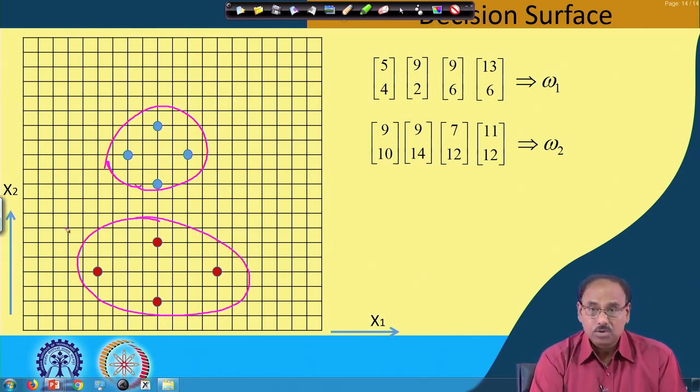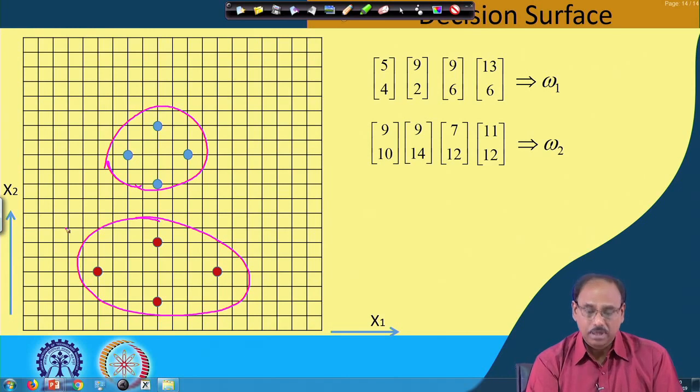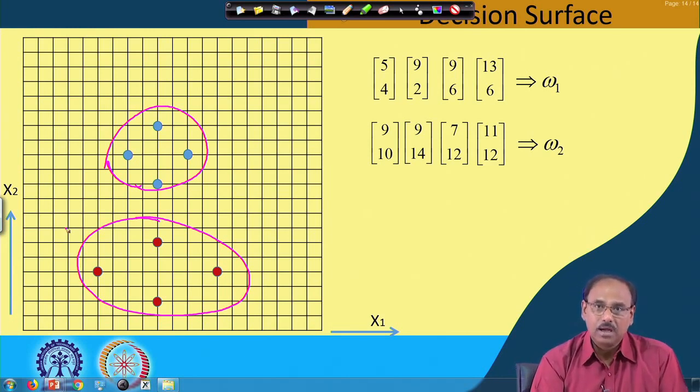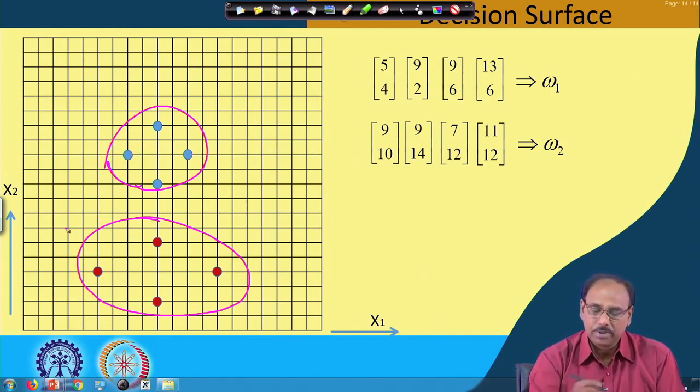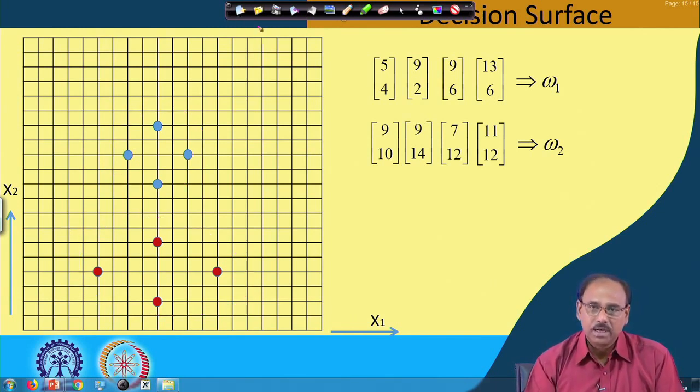Right. So, as we have done before, given these feature vectors, I can compute mu_1 and mu_2, that is the mean of feature vectors taken from class omega 1 and the mean of feature vectors taken from class omega 2. And I can also compute the covariance matrices sigma_1 and sigma_2 for these two different classes.